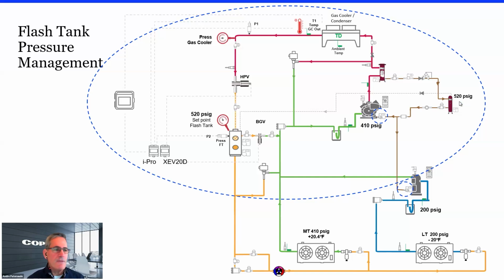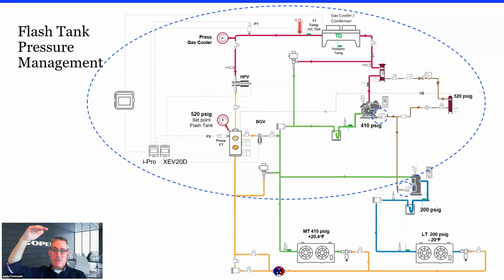And you're trying to maintain 520 in an oil reservoir. If your flash tank is not properly managed and you go from maybe 580 to 450 pounds, guess what? Your oil reservoir pressure is also moving from 580 to 450 pounds.